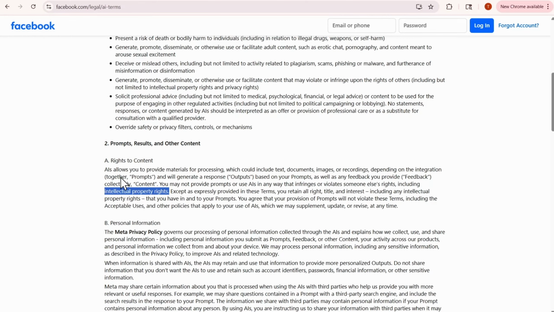That could overlap with data protection, depending on the intellectual property being discussed, such as a work of art that a person has created. This discourse is still up for debate and is definitely something organizations should be considering, which is why Meta has put this disclaimer about not providing prompts that are going to violate someone else's rights.